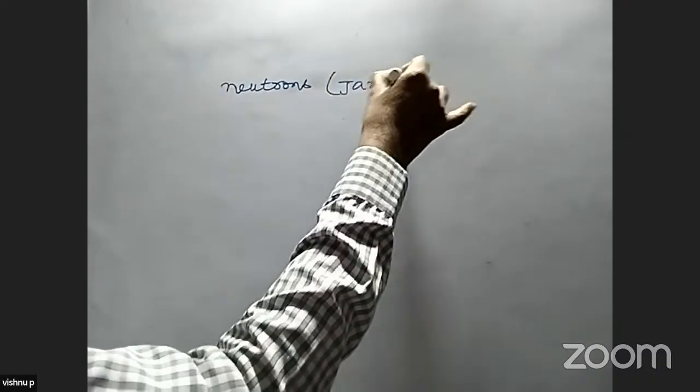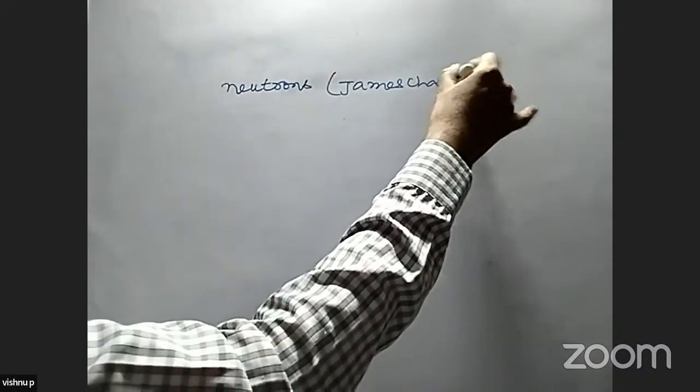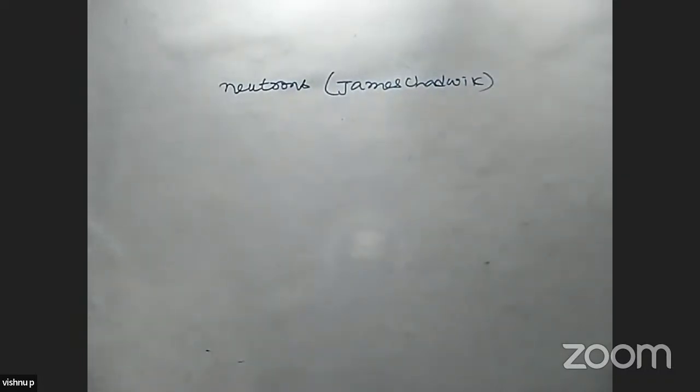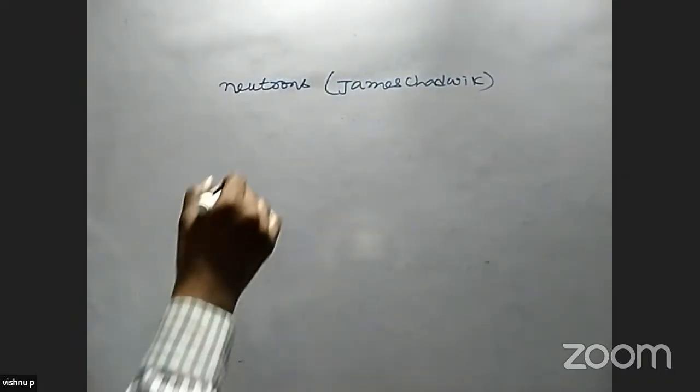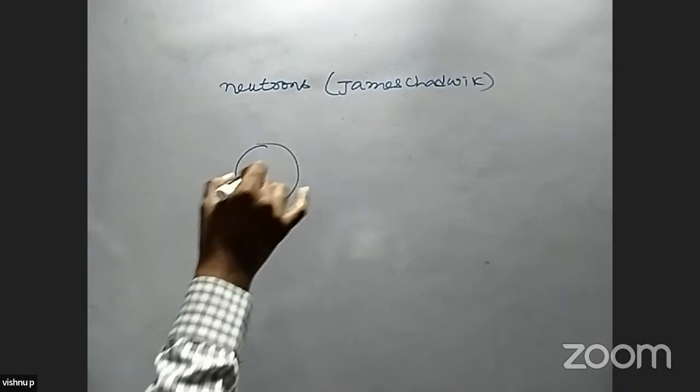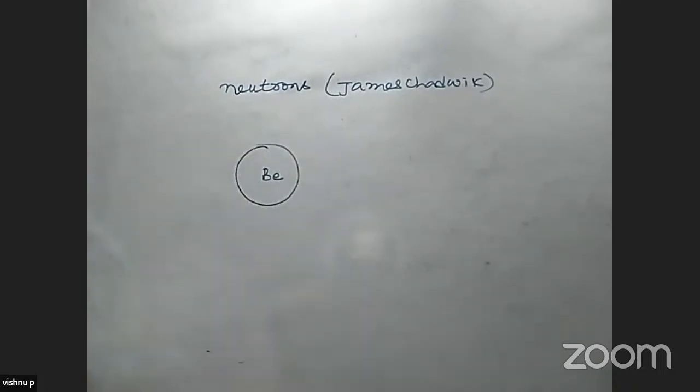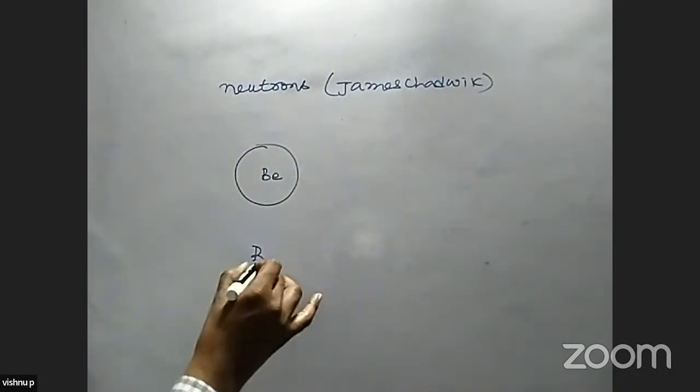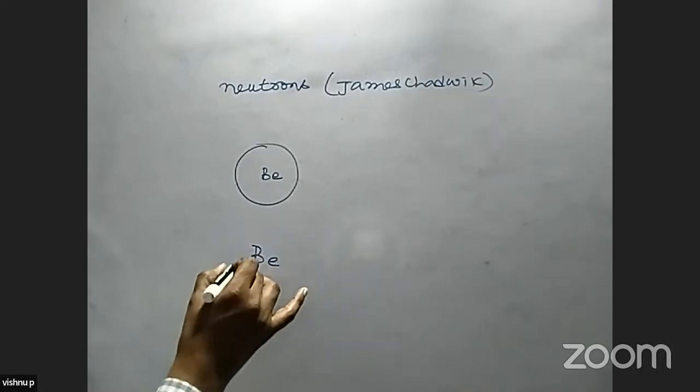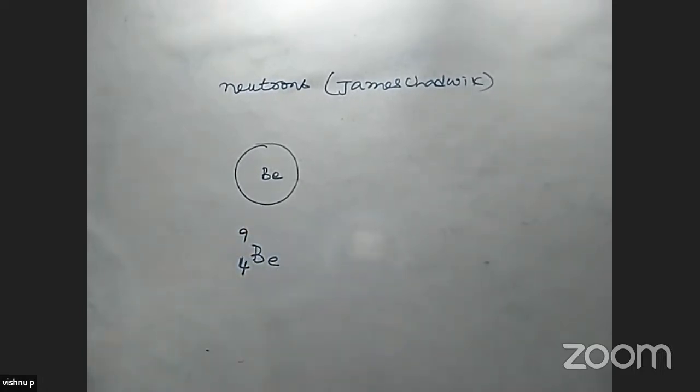Neutrons were discovered by James Chadwick. Okay, what is the nature of these neutrons? How were these discovered? When beryllium nucleus, what is beryllium? Beryllium has atomic number 4, mass number 9.